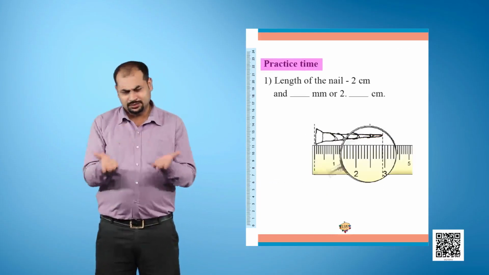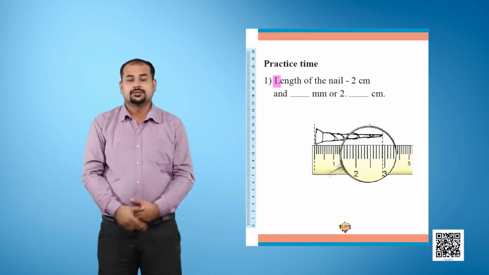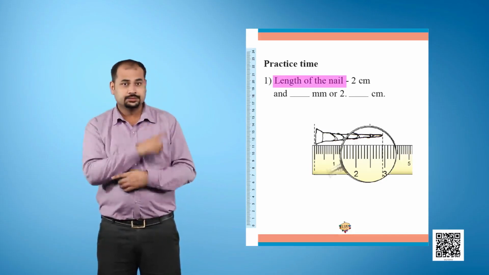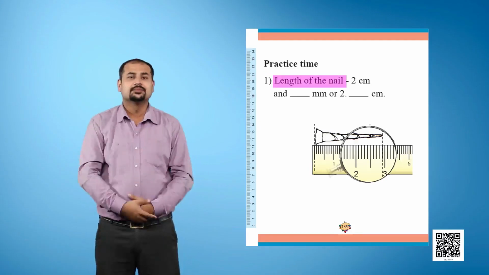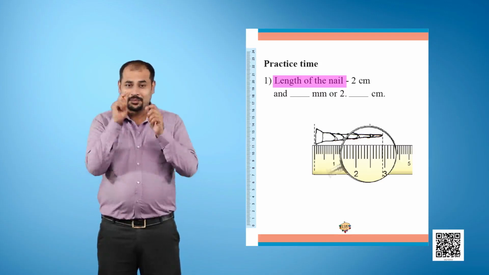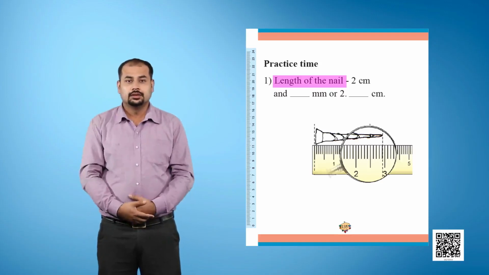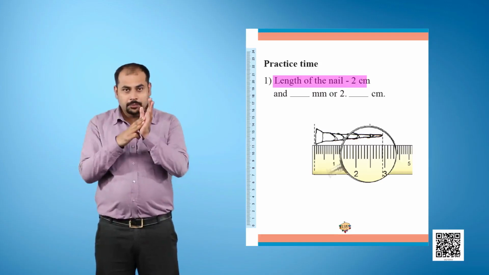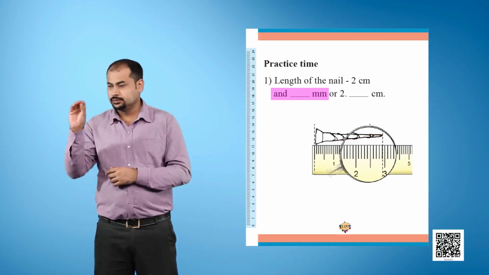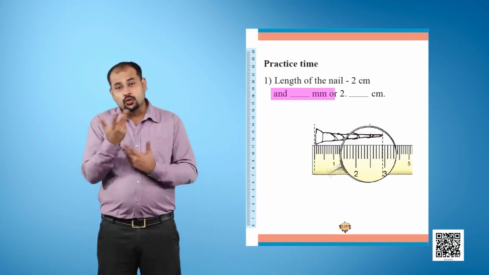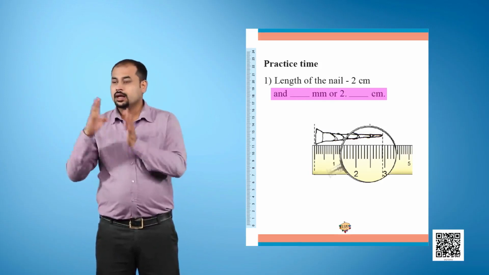Practice time. 1. Length of the nail: 2 centimeters and dash millimeter, or 2 point dash centimeters.